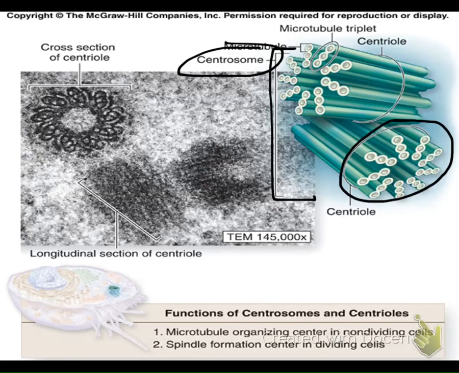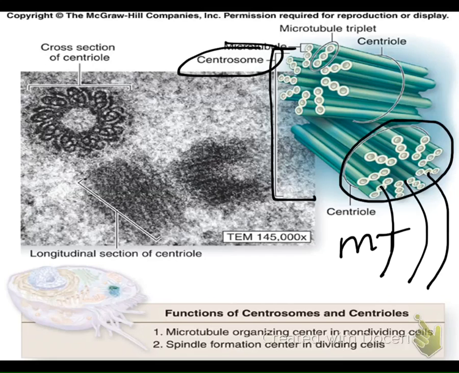Centrosome. Now these centrioles were important because it's from these, I'm going to just kind of draw them like this, but it's from the centrioles that we create the mitotic spindles that are important for mitosis. And they are themselves made up of microtubules.